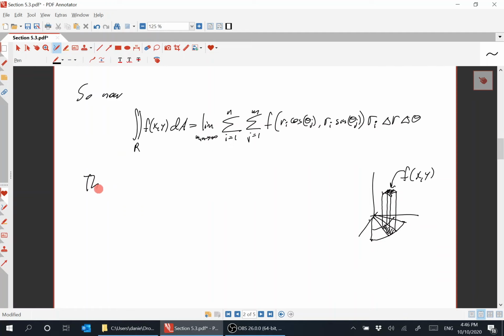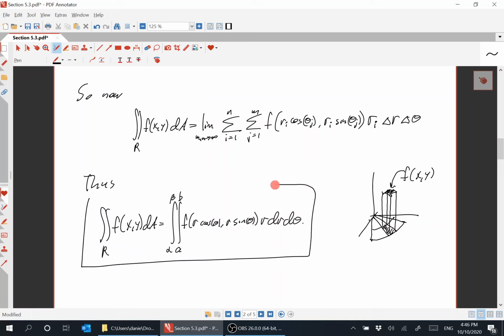Thus, the double integral over R of f(x,y) dA is equal to the limit of the Riemann sum, which is exactly what we've been saying here. It's the iterated integral from a to b and alpha to beta of f(r cosine theta, r sine theta) r dr d theta, which is the result that we wanted.